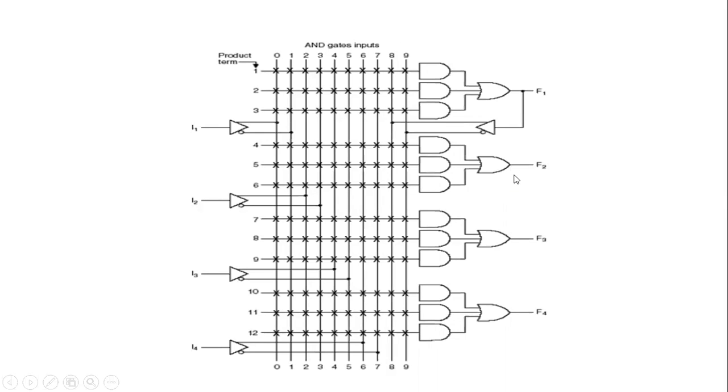And here, F2, F3, F4 are not having any feedback. See, F1 again acts like an input. Why? Because if you want, you can use any one of the output equations also as an input.